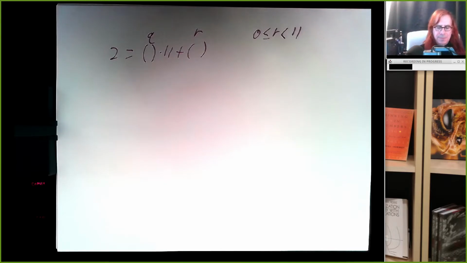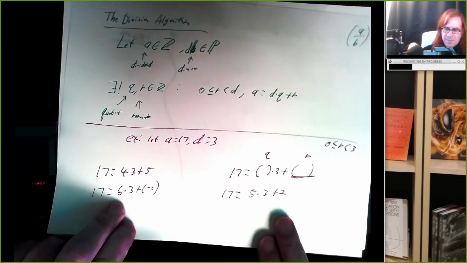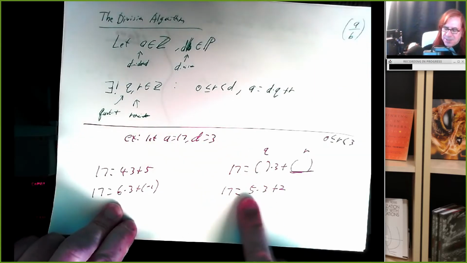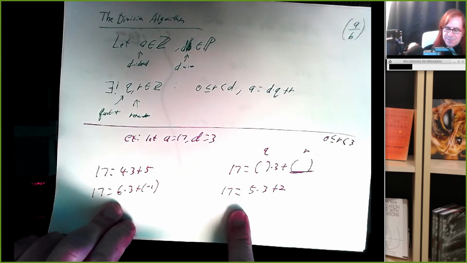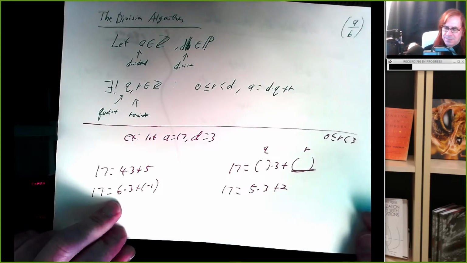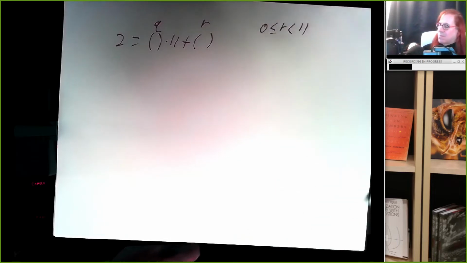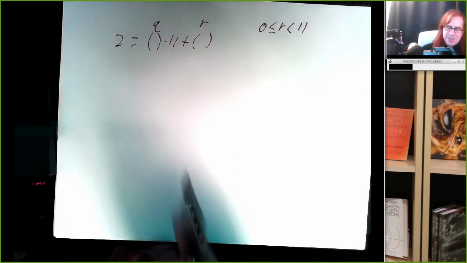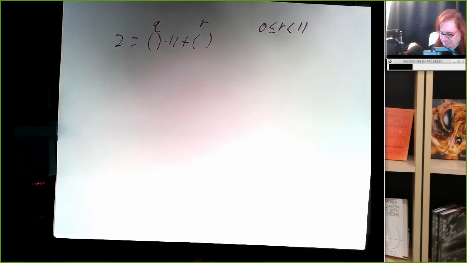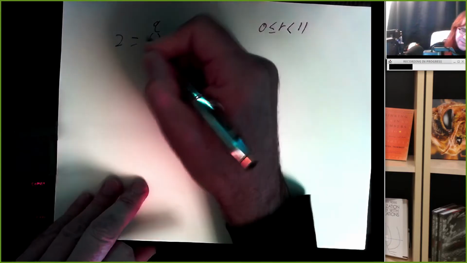So it's D times Q plus R. Yeah, 0 and 2.